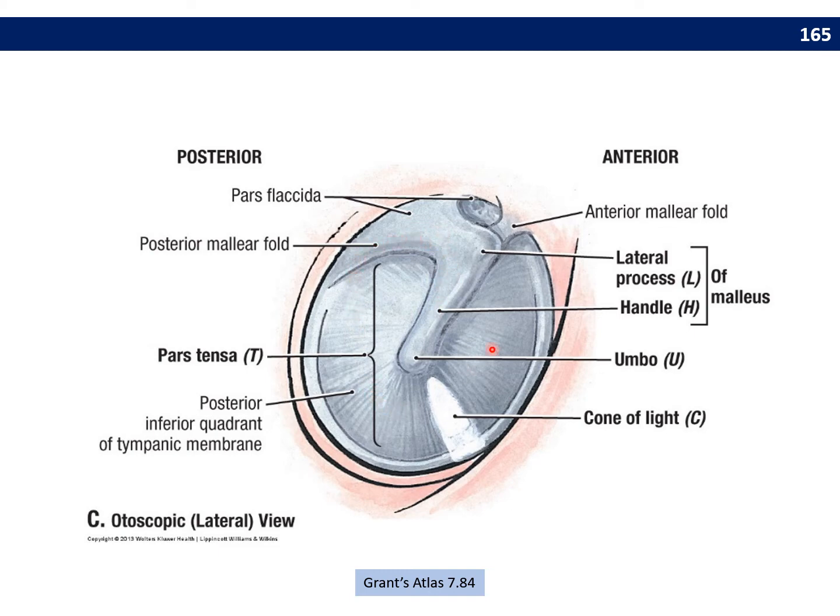that is anchored to this superior part, the pars flaccida, so this flexible part of the tympanic membrane. By and large, though, the rest of the tympanic membrane is the pars tensa, the tense part that lacks the flexibility of the pars flaccida.